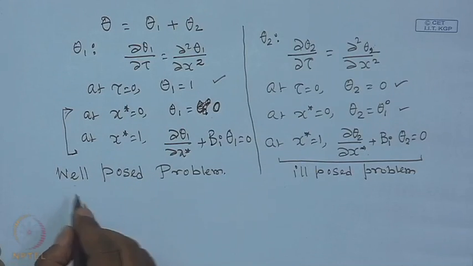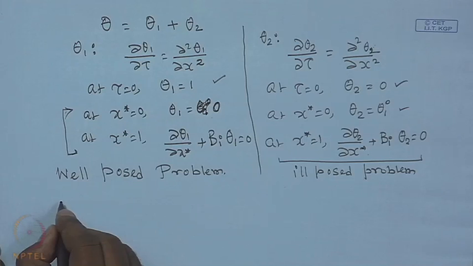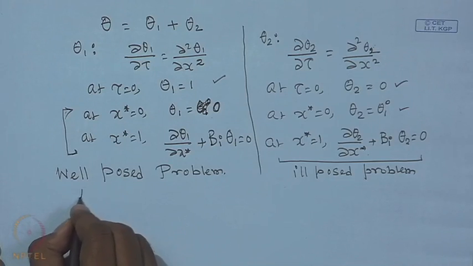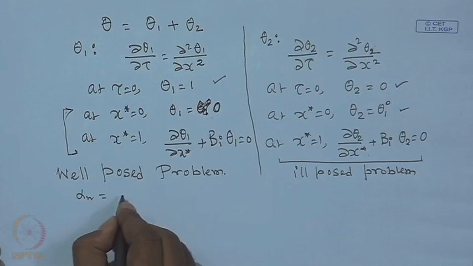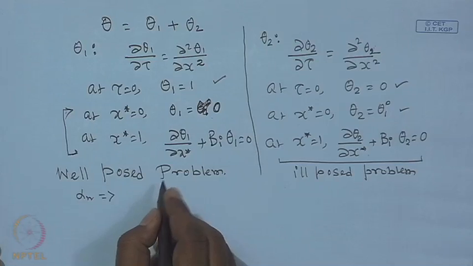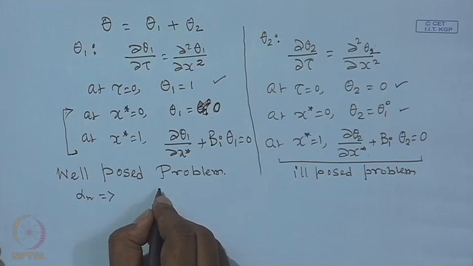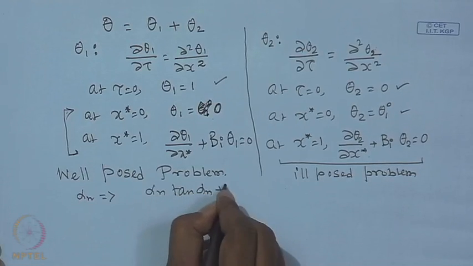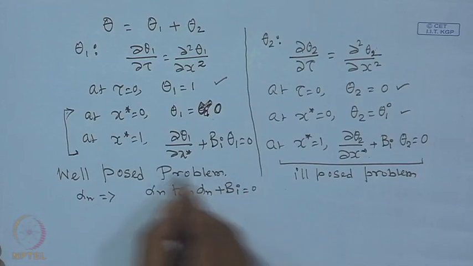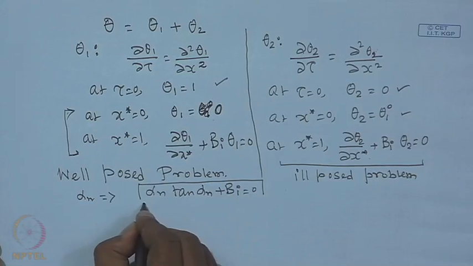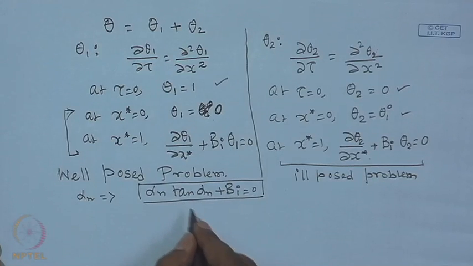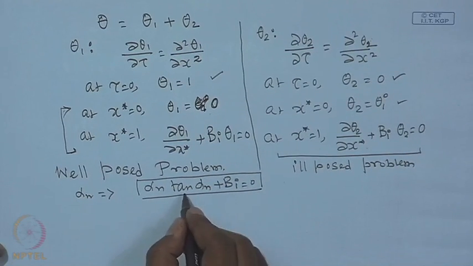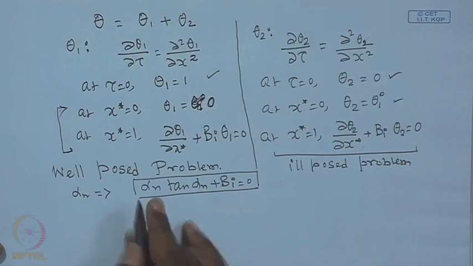and if you remember, the solution is something like this. So, the eigenvalues for this problem are obtained by the roots of the transcendental equation alpha n tan alpha n plus Biot equal to 0. Roots of these transcendental equations are the eigenvalues of this particular problem, and sine functions are the eigenfunctions.